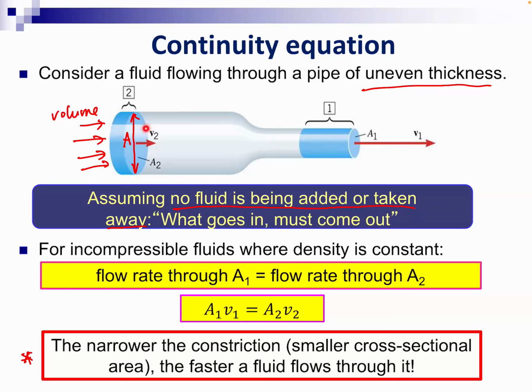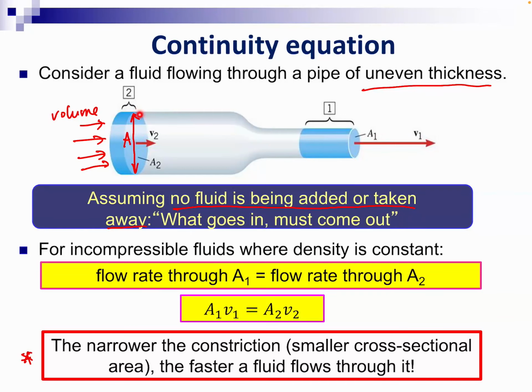Now you have 1 liter of water passing through a larger gate versus 1 liter of water passing through a smaller gate. Okay. If the same amount of water is to pass through the gates at the same amount of time, then the water passing through a smaller gate needs to move faster, right?